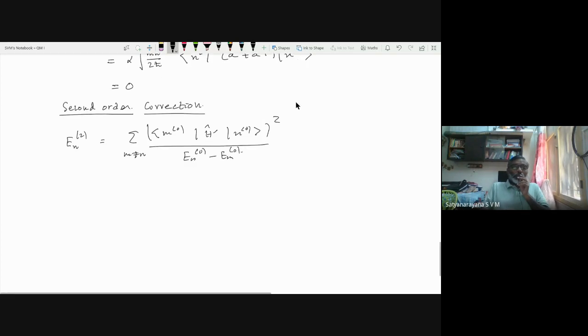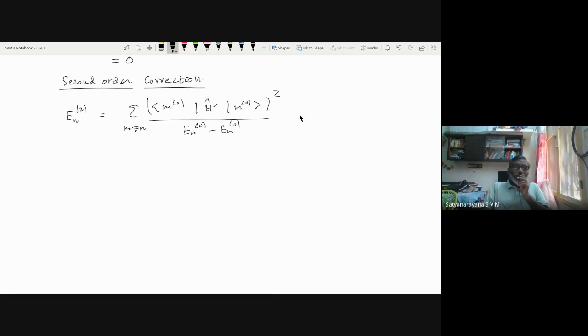Correct. So for that we have to calculate this quantity, that is m0 alpha x cap n0, which is nothing but alpha times square root of m omega by 2 h bar, where alpha is a constant associated with the perturbation Hamiltonian, into m0 a plus a dagger n0.